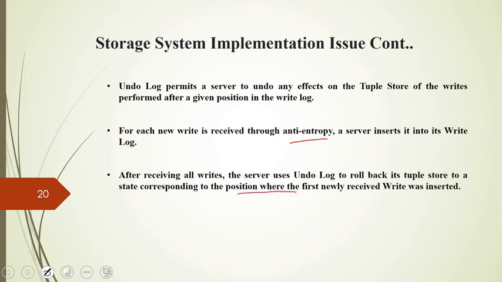After receiving all writes, the server uses the undo log to roll back its tuple store to a state corresponding to the position where the first newly received write was inserted. It then enumerates and executes all the following writes from the write log, bringing its tuple store and undo log up to date.